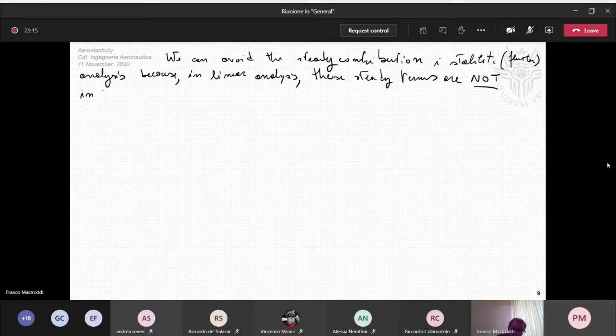And this is a very, very general point in the linear stability theory.